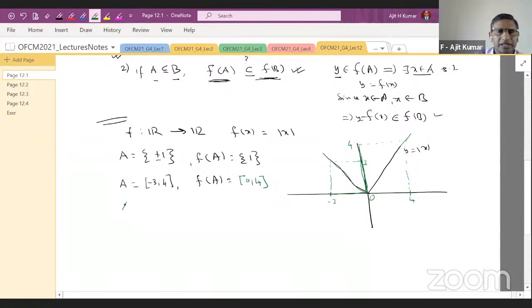Okay, right. So you can try the other thing. Suppose I take A to be, let us say, -infinity to -1 union 1 to infinity. What will be f of A? Come on, quick. This should be quite easy, right?